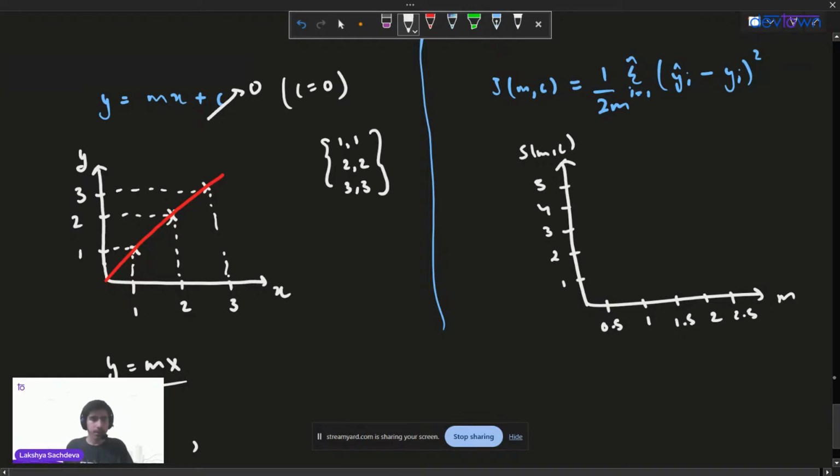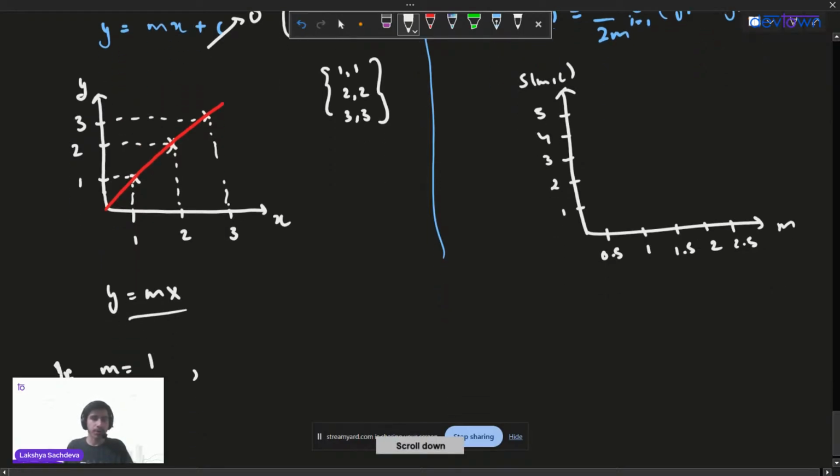If we have c equal to 0 and m equal to 1, what will be our cost function?